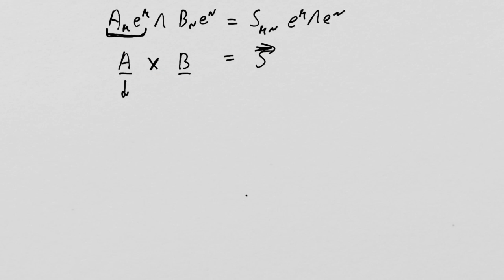And the way we'll do that is I will write A as its densitized form, so I'll call it A alpha beta E alpha wedge E beta, right? But it's densitized, so it's tensor product E1 wedge E2 wedge E3.